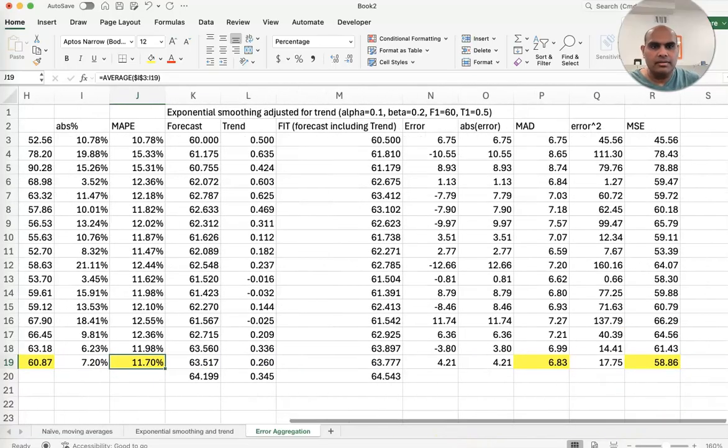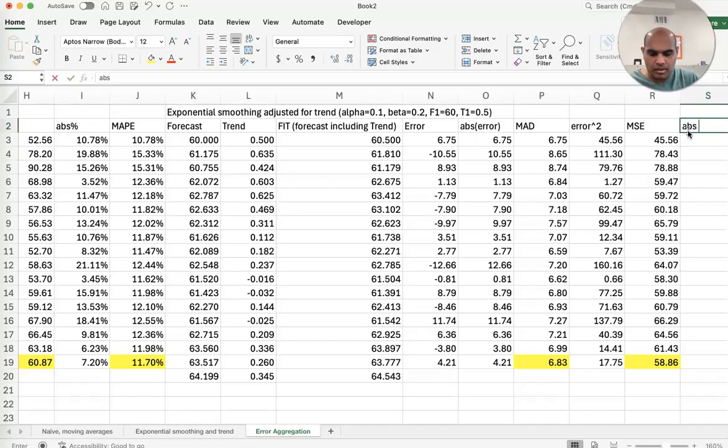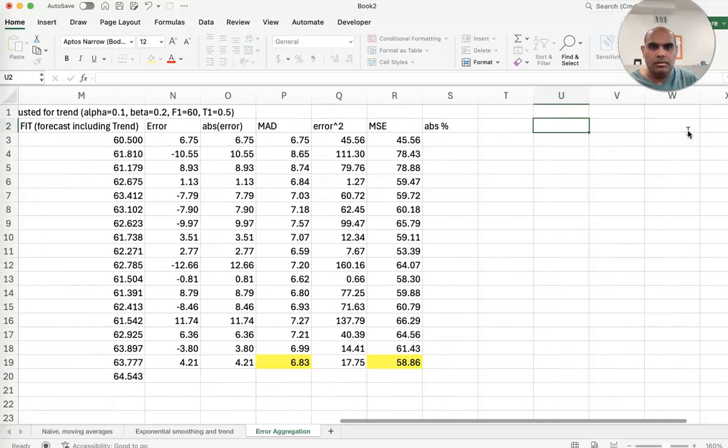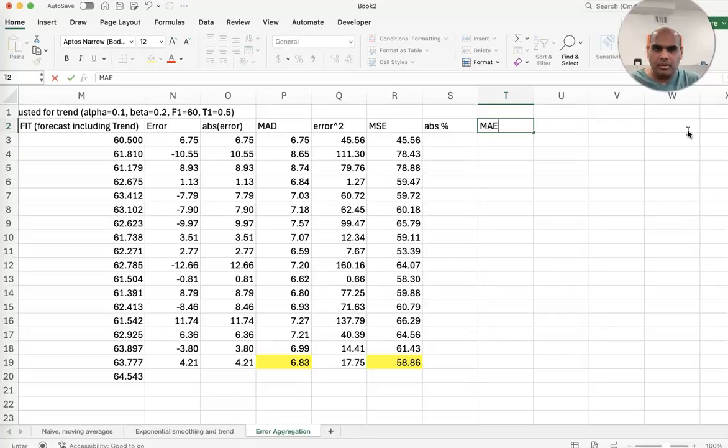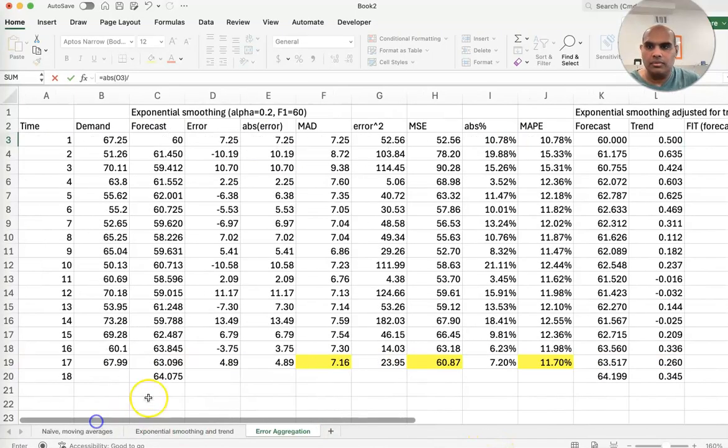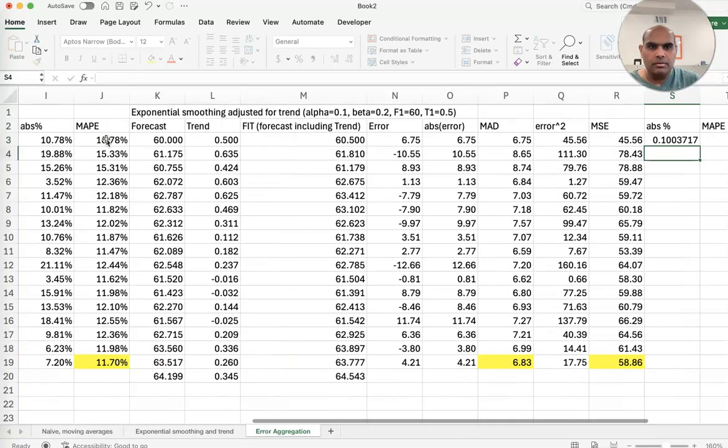Now let's look at the final method. So we'll say absolute percentage here, and we'll do MAPE. MAD, MSE, and MAPE. All right. So absolute percentage is absolute value of error divided by the actual demand value, which is all the way up there, right?